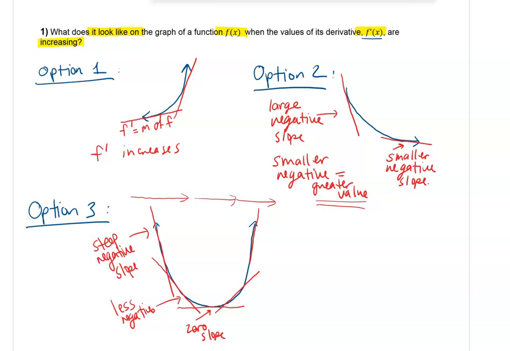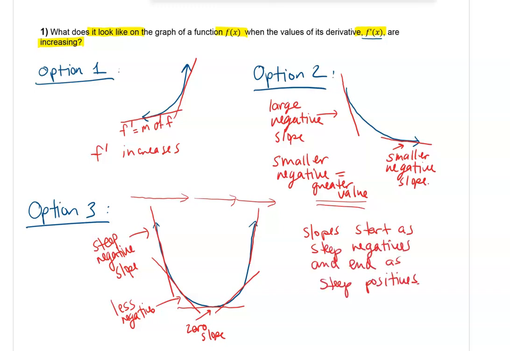So a curve that looks like this has slopes that start as steep negatives and end as steep positives. So that is a depiction of what's happening when your slope, aka your first derivative, is increasing.